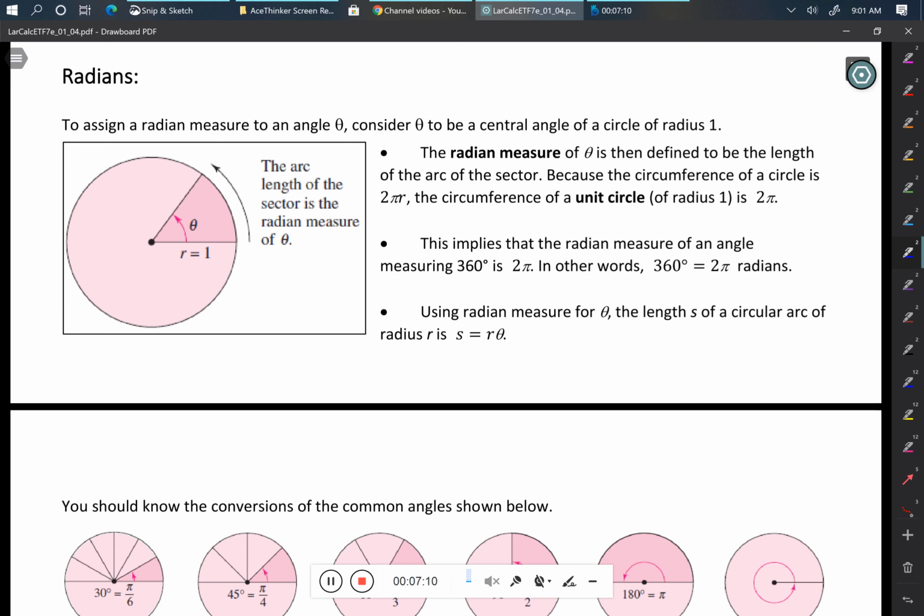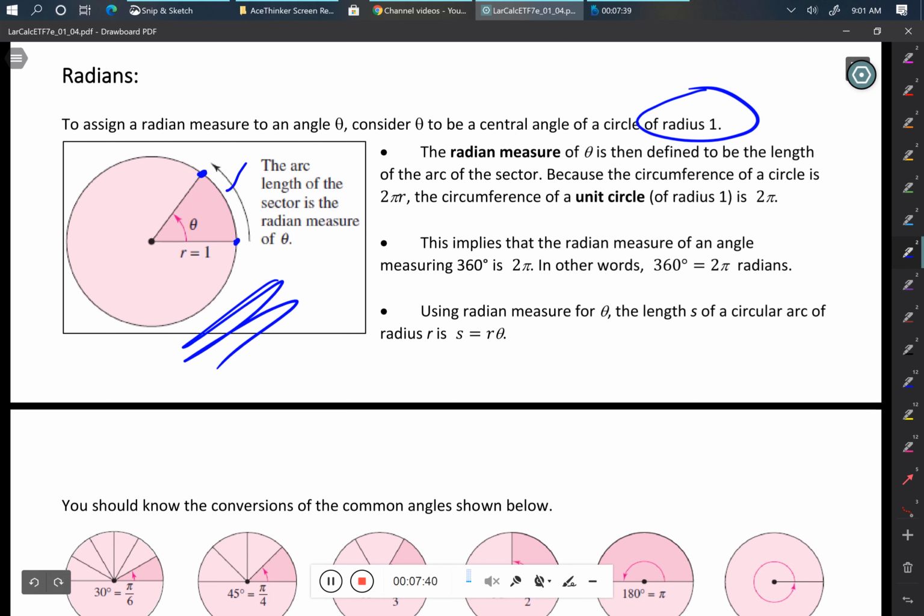Right? All right, so to assign a radian measure to an angle, consider theta to be a central angle of a circle with radius 1. So pretend for a second that you're looking at a circle whose radius is 1. Here's a drawing of it over here. Okay? The arc length that is equal to the radius is exactly 1 radian in measure.